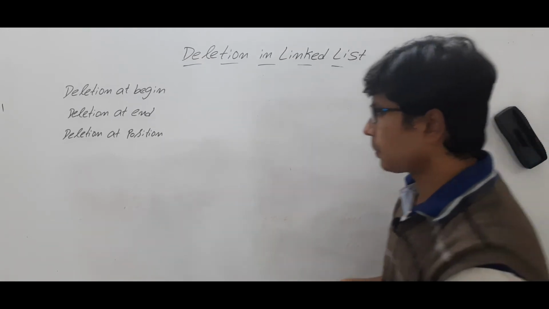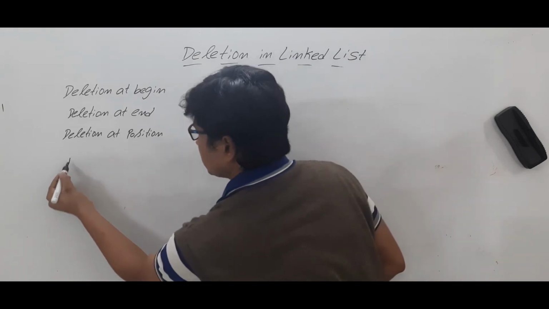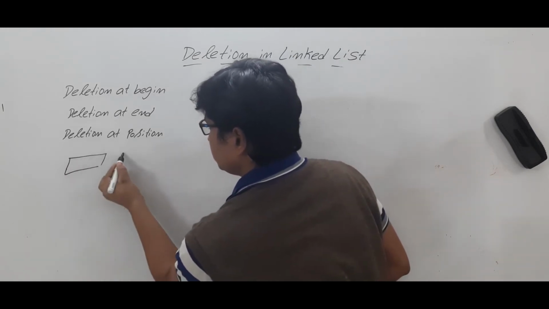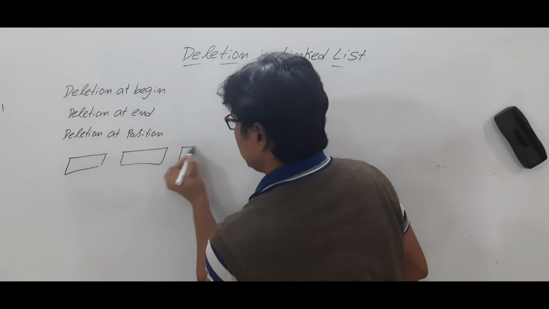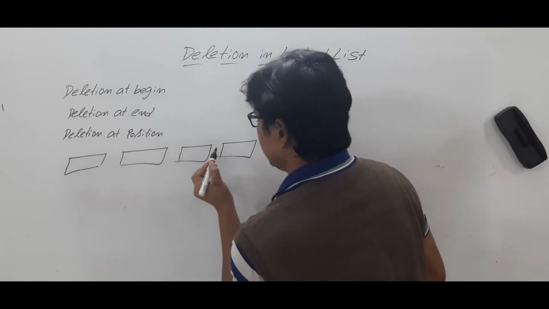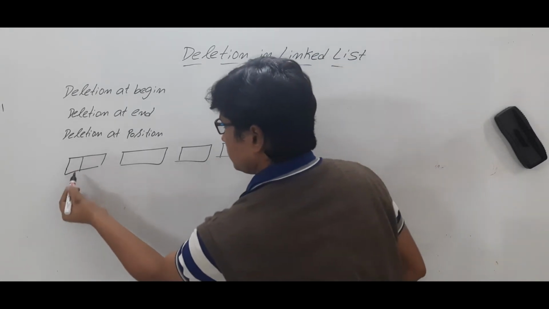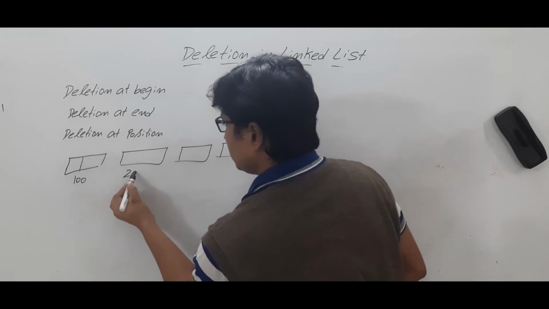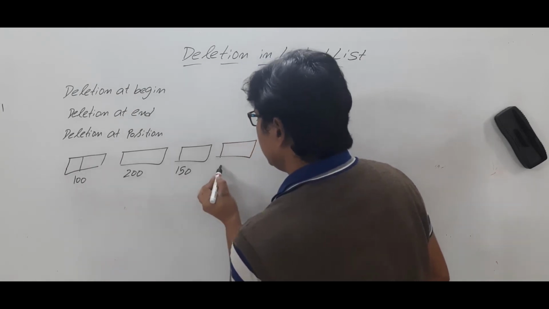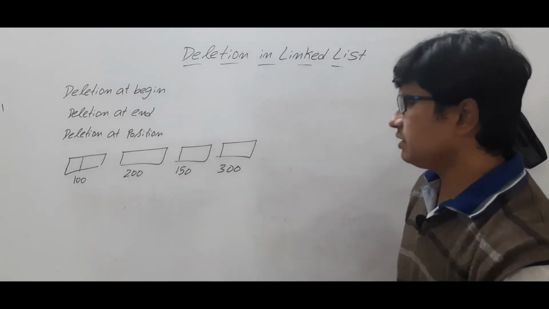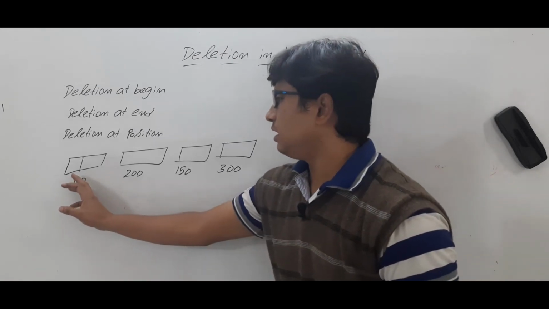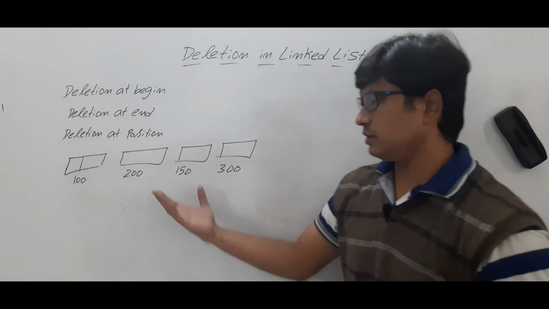Now let me take some nodes in the linked list. 1, 2, 3, 4 nodes I am taking. The addresses are 100, 200, 150, 300. Don't think that the addresses will always be in increasing order; they will be random.